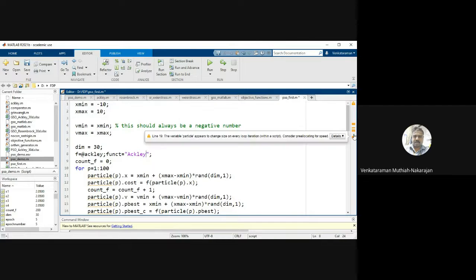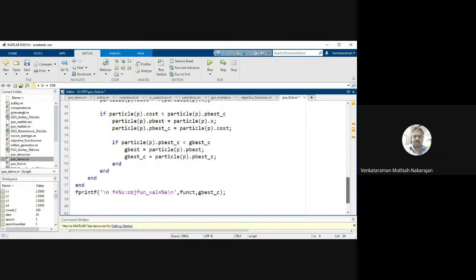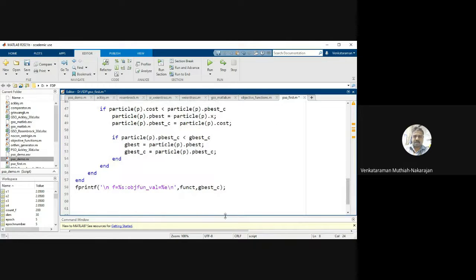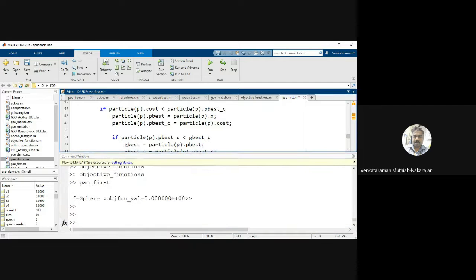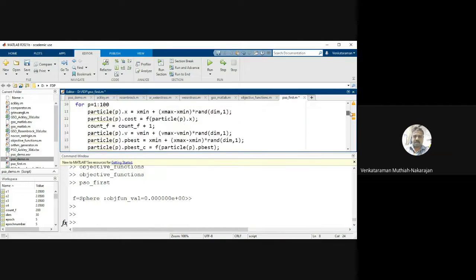Let us see how well our algorithm does on the Ackley function. I modified the parameters for the Ackley function.